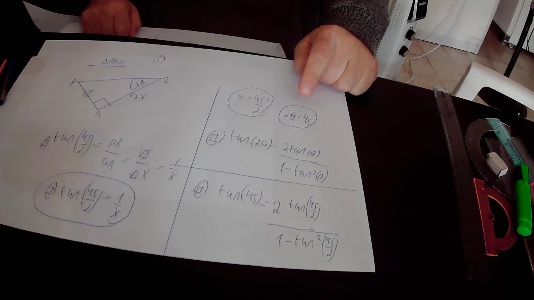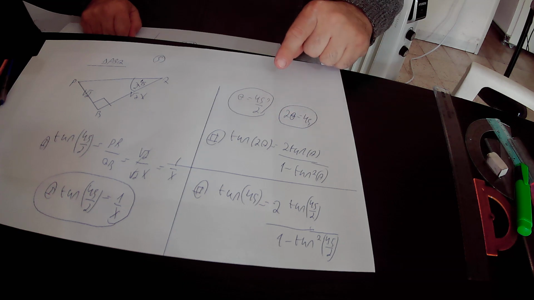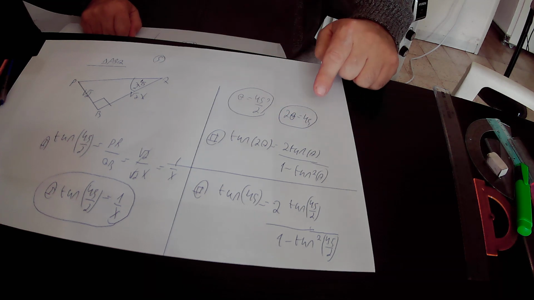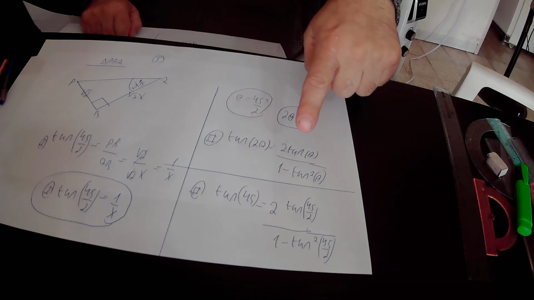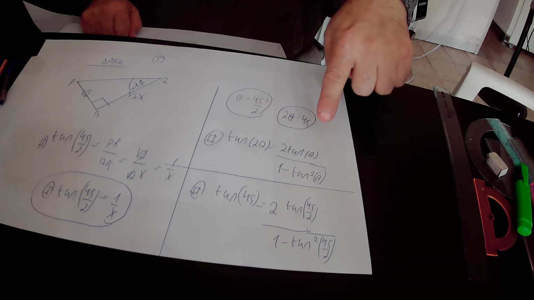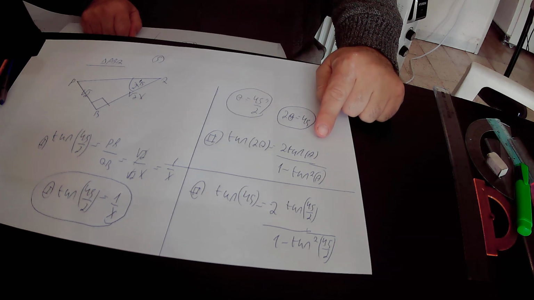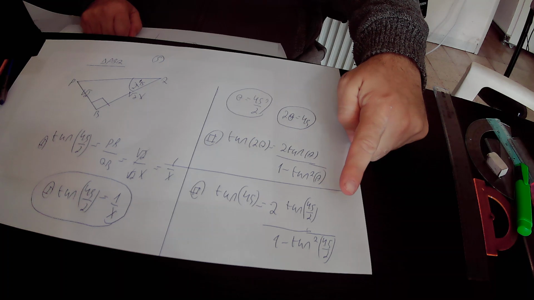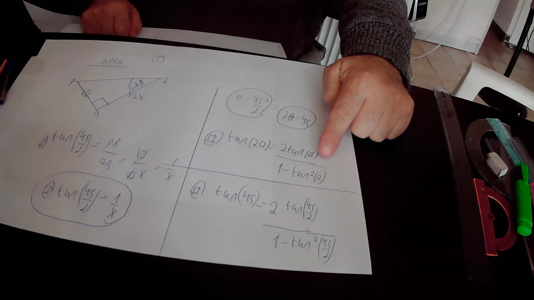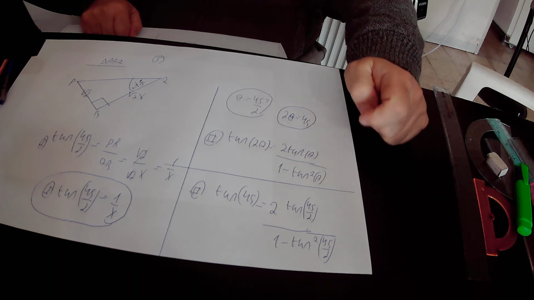Substituting, we got tangent 45 degrees equals 2 times tangent of 45 degrees over 2, over 1 minus tangent squared of 45 degrees over 2.